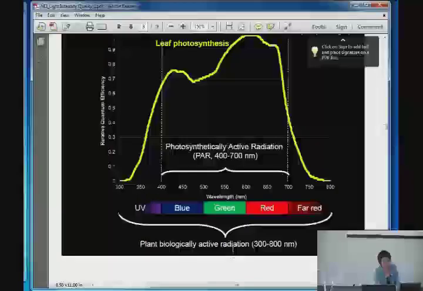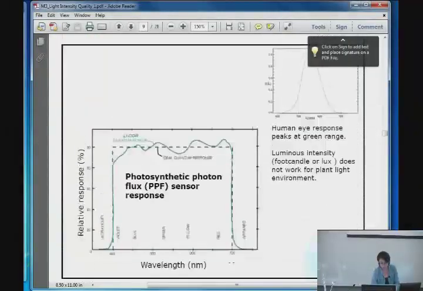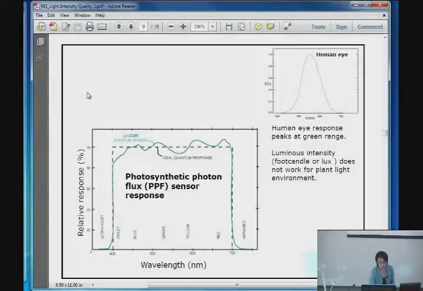All right, okay. All right, so PPF, or photosynthetically active radiation, PAR, is measured using photosynthetic photon flux, micromoles per square meter per second. And there is a sensor built for quantifying the photons, how many photons are received per square meter per second.